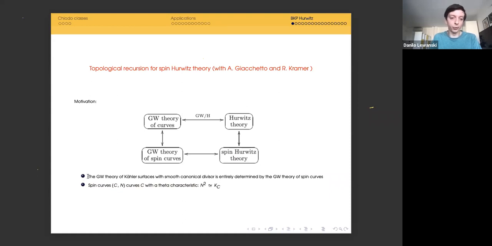Because it has been proved that the Gromov-Witten theory of Kähler surfaces with a smooth canonical divisor is entirely determined by the Gromov-Witten theory of spin curves. So if you happen to control this world, then these are the building blocks to understand the Gromov-Witten theory of much more complicated targets. This is why people want to understand it.